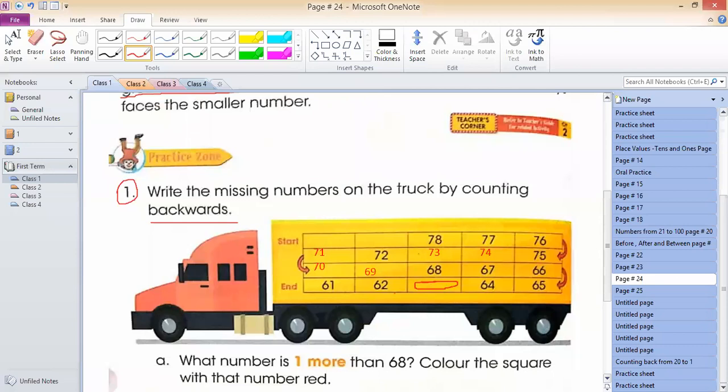Okay. And for that, I am going to take one student. Before 64. And that is Asan Muhammad. Yes, sir. Yes, Asar. What should we write here? 63. Why 63?